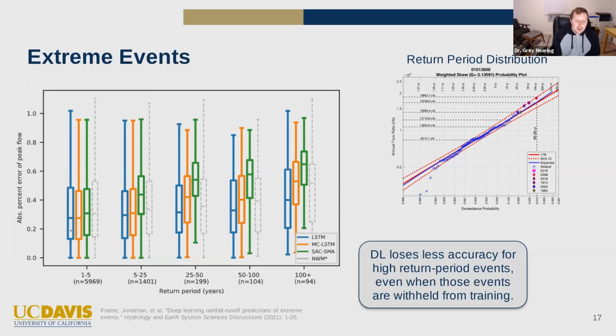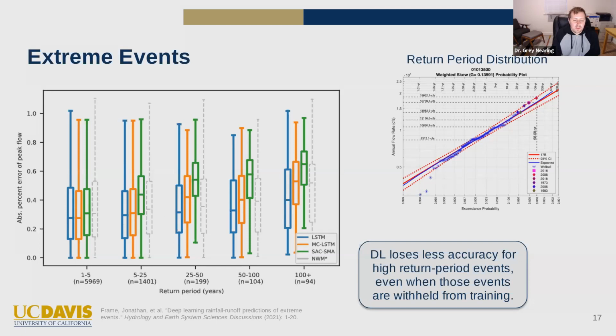And what we're looking at here is the blue box. Please ignore the orange one, but the blue box compared to the green and the gray box. The blue box is how the prediction of peak flow events does. This is the absolute percent bias of peak flow in a given water year. So how the average absolute percent bias of peak flow changes as we move out of sample, from 1 to 5 years all the way up to 100-year return period events.